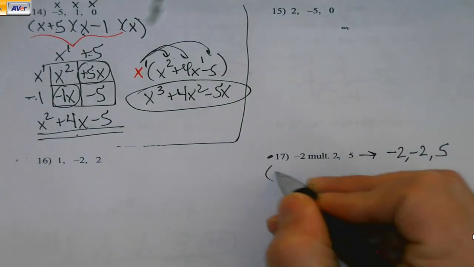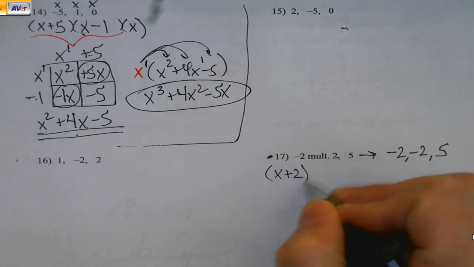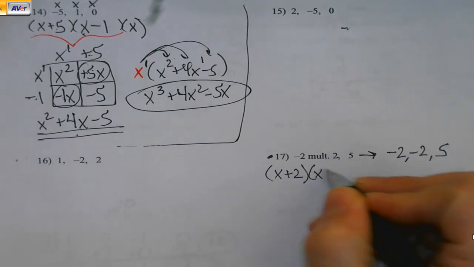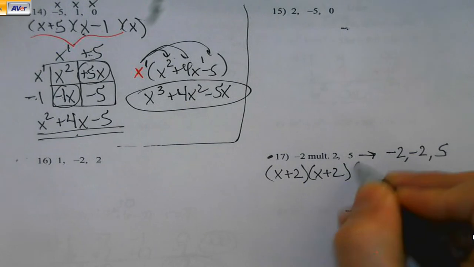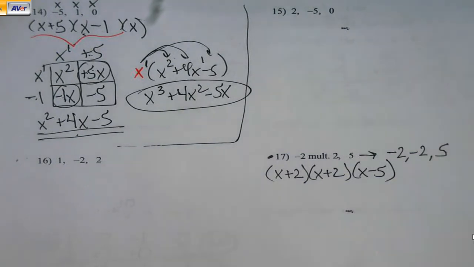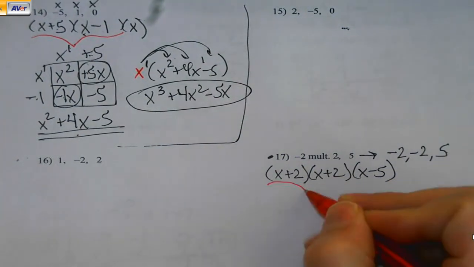So I go to write my binomials, again, switching signs on every one. And now I'm going to multiply this out. Pair at a time.